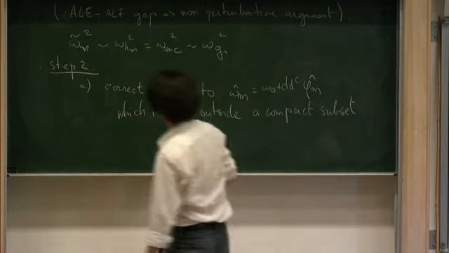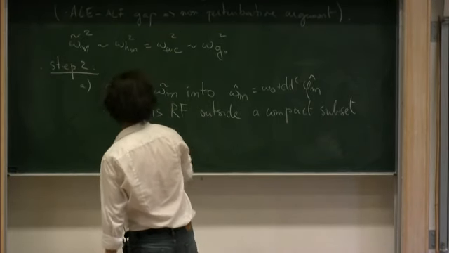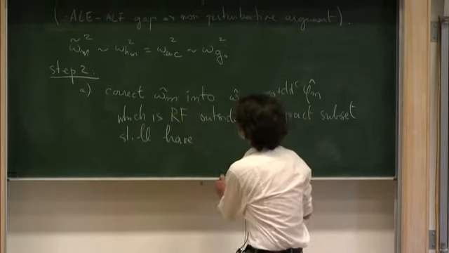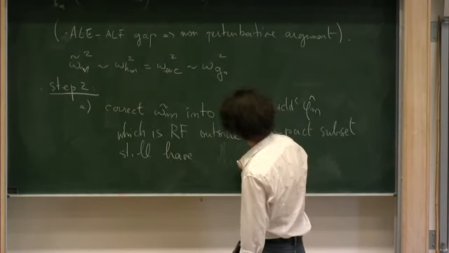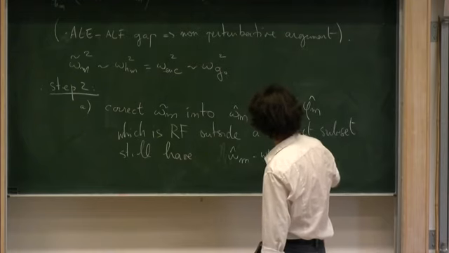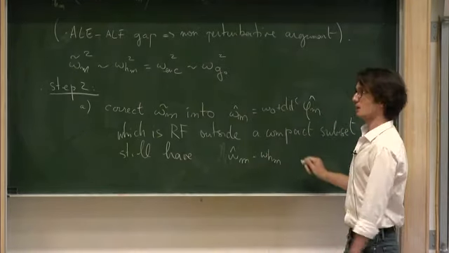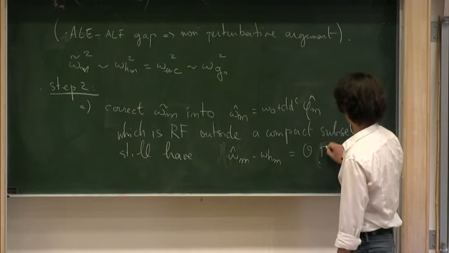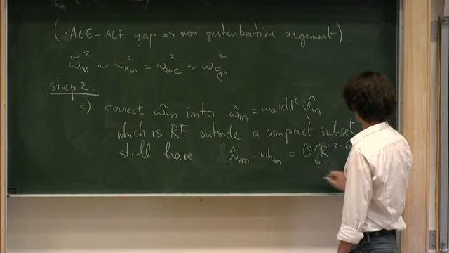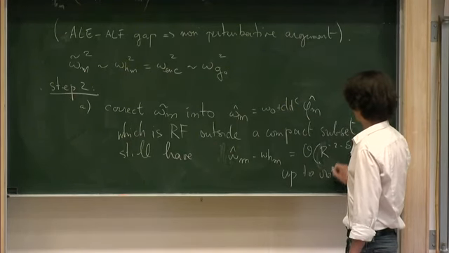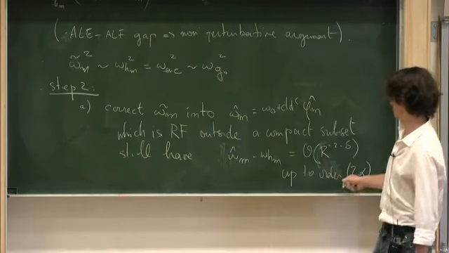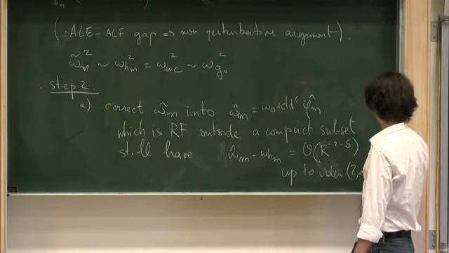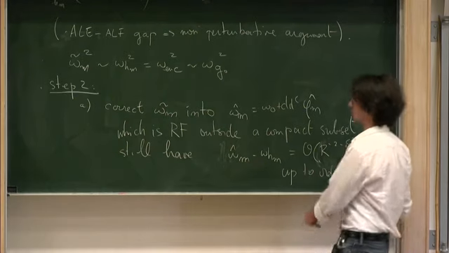So you lose a little bit in the asymptotics, but you still have omega hat m minus omega h m equals big O of rho to the minus r minus 2 minus delta, to order 2 alpha in terms of Hölder norms, where alpha and delta are some small parameters.